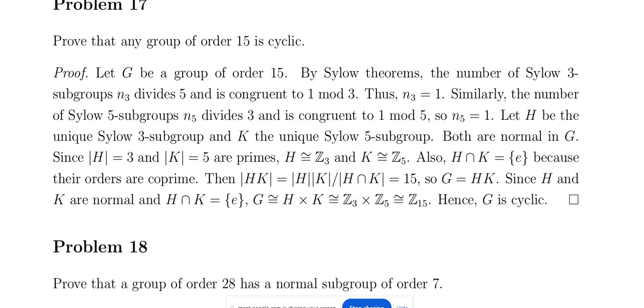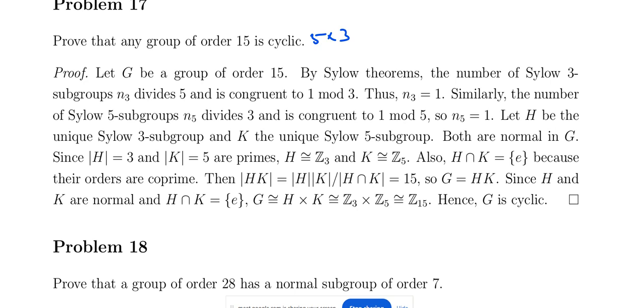If you look at 15, we can write it as 5 into 3. That is correct. 5 and 3 are both prime numbers, pq form. So here they have applied the Sylow theorem. The number of Sylow 3 subgroups, n3, divides 5 and is congruent to 1 modulo 3.